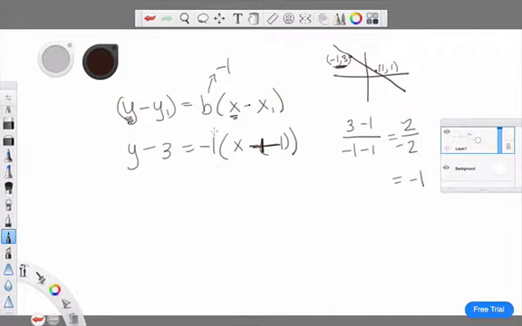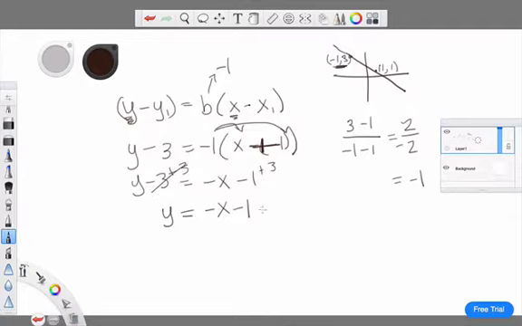Use the distributive property: -1 times x is simply -x, and -1 times 1 is -1. Then you have y minus 3 still. Whenever you have a formula, you want y over here. So y equals -x minus 1, and you add 3 to each side to get rid of this one, plus 3. So y equals -x plus 2.